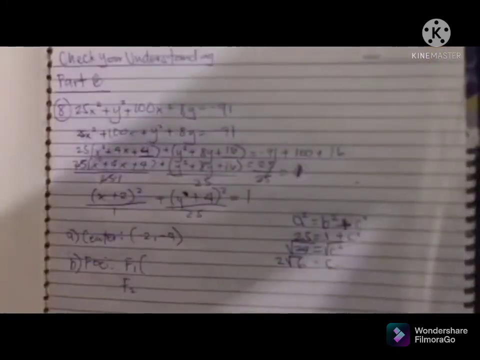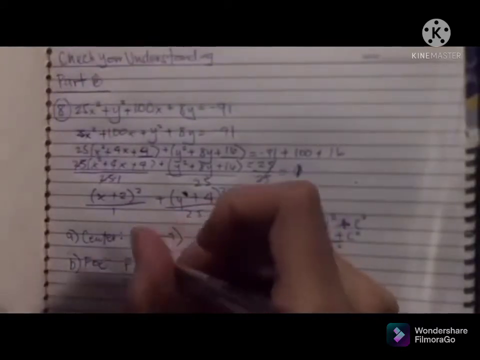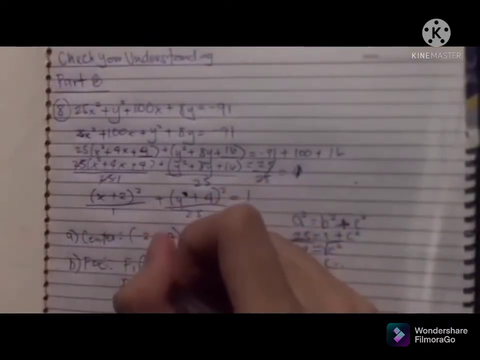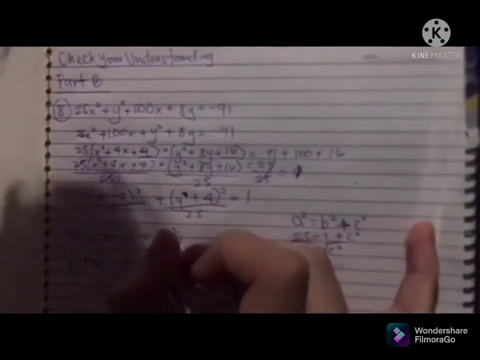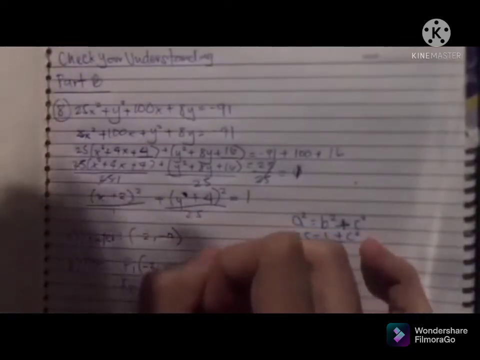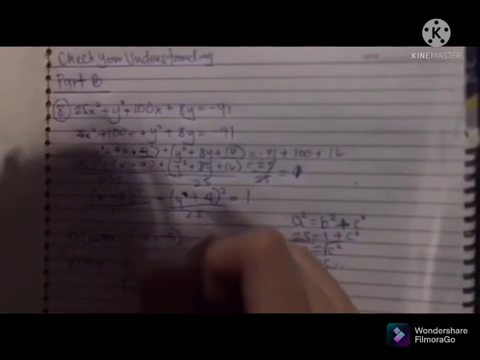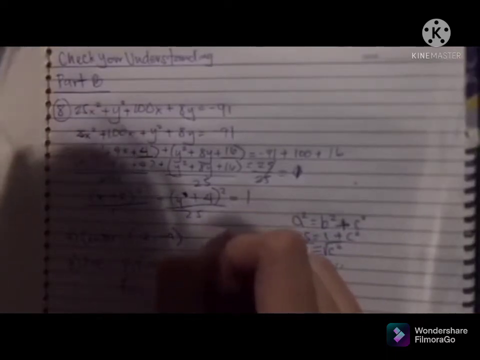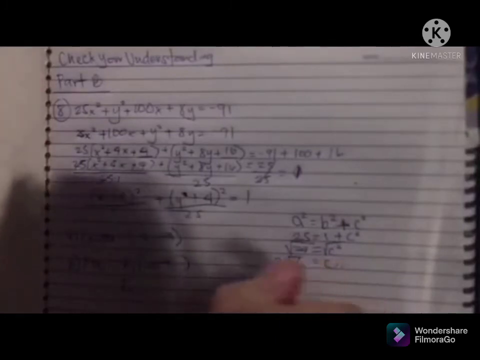Now for getting the foci, for F sub 1, we have negative 2 for the x-intercept, and negative 4, and the c.